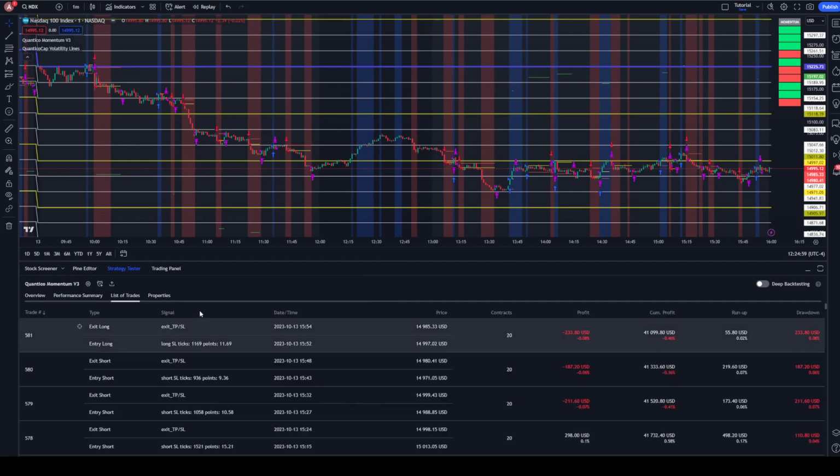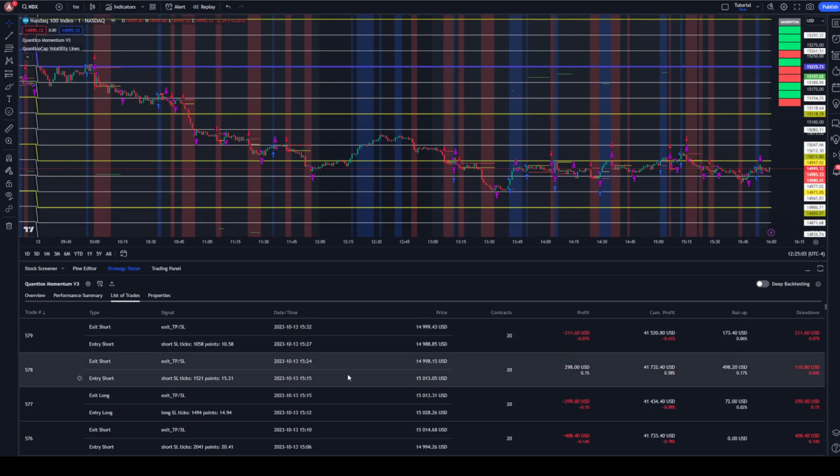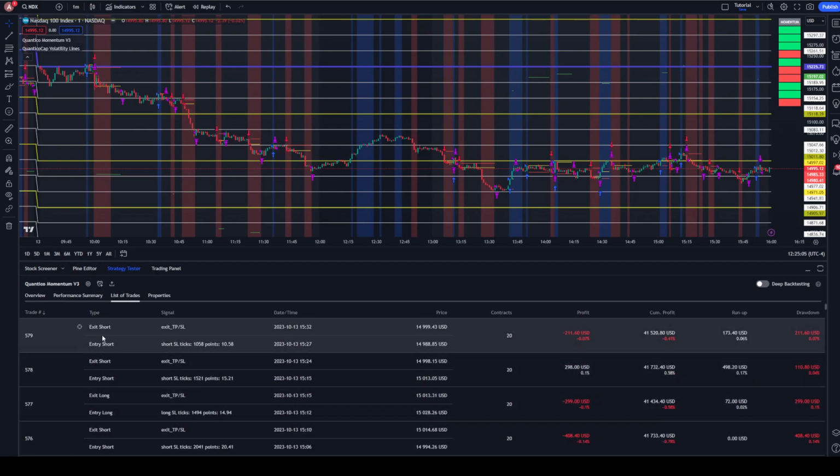After that, we can go to the list of trades. Here you can see each trade number, each individual trade, and the type it was. For this one, it was a short, the date and time where it was exactly placed, the price it was placed at, how many contracts you used, the profit you made or lost, and the total profit you have here. However, the next one is super important.